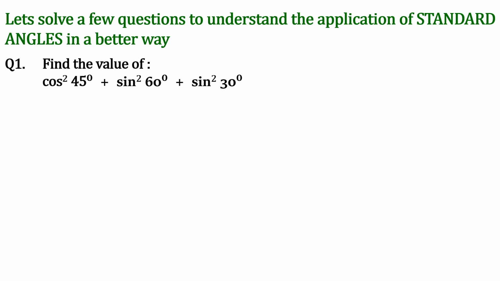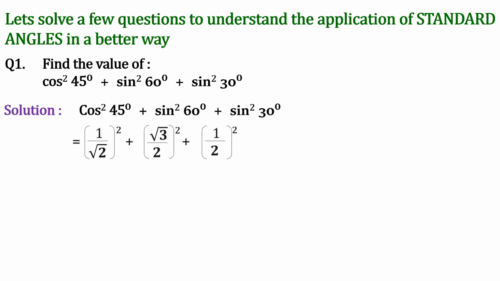Now 45, 60 and 30 are all standard angles and they have their own values. If only cos 45 comes, I will write the value as it is, but since it is cos square, whatever value I write has to be squared. Remember this. So let's start with the solution.